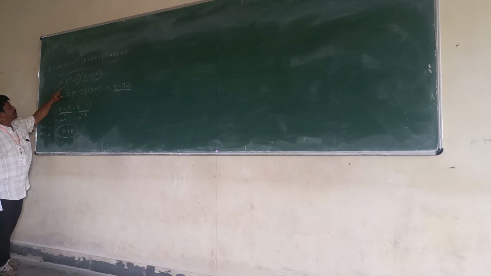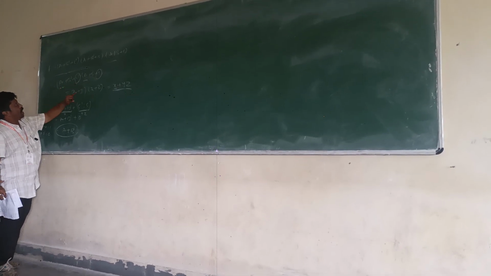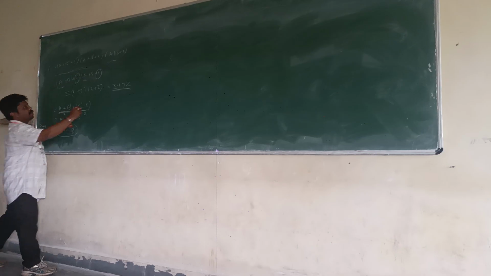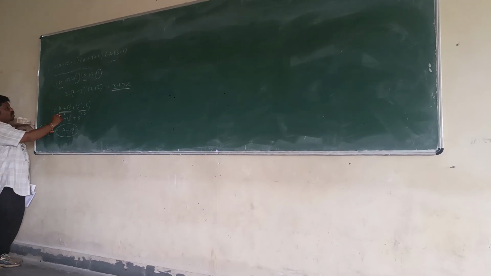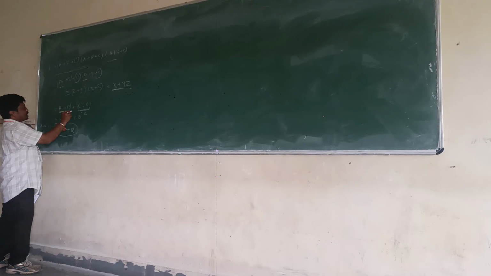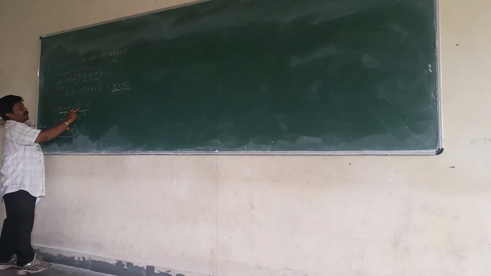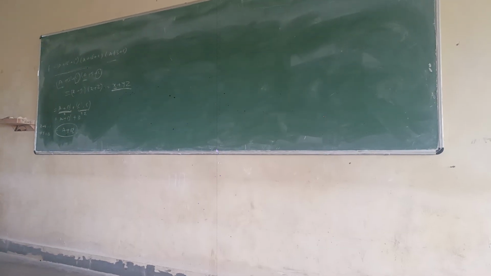Here x is a, and y is b bar, c bar. What I'm saying here is that the complete a plus b bar is x, y is c bar, and z is c only. Just apply the rule here.